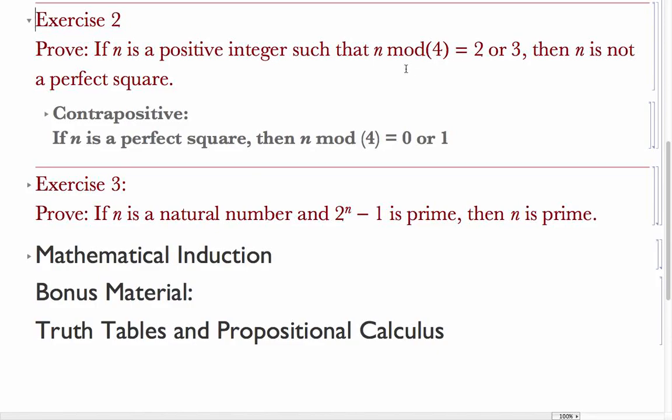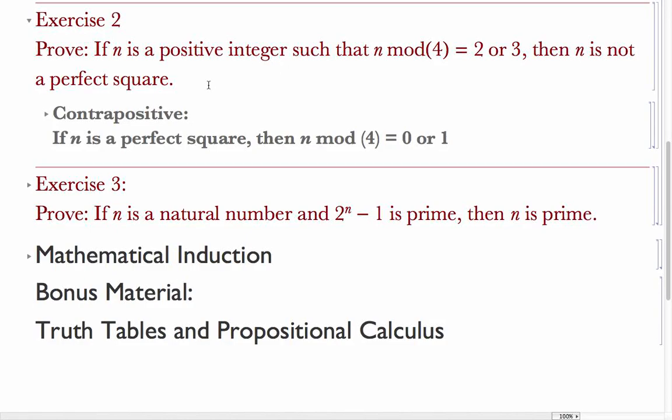Well, the negation of that would be that n mod 4 does not equal 2 or 3. But when we are dividing by 4, the possible remainders are 0, 1, 2, or 3. And so it's equivalent to say that n mod 4 is 0 or 1 when we say that n mod 4 is not 2 or 3.